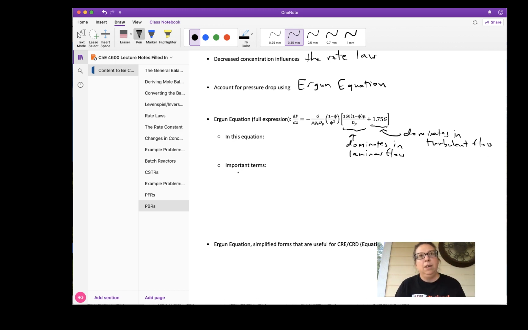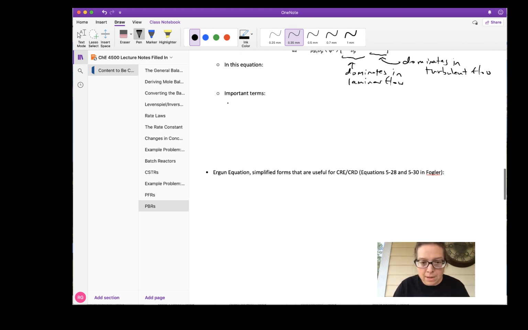You can look up what all of these variables stand for. The terms that we're going to concern ourselves with right now: capital P is the total pressure.